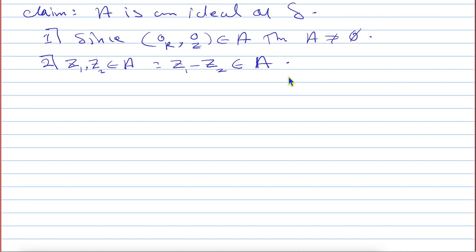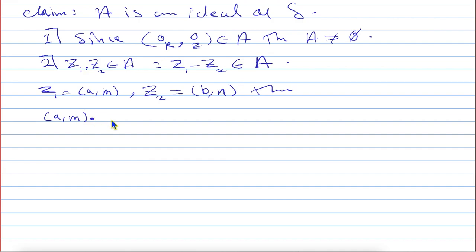For this we note first that if we take Z1 equal to (A, M), and let Z2 be (B, N), then the product of (A, M) by any element of R must be 0.